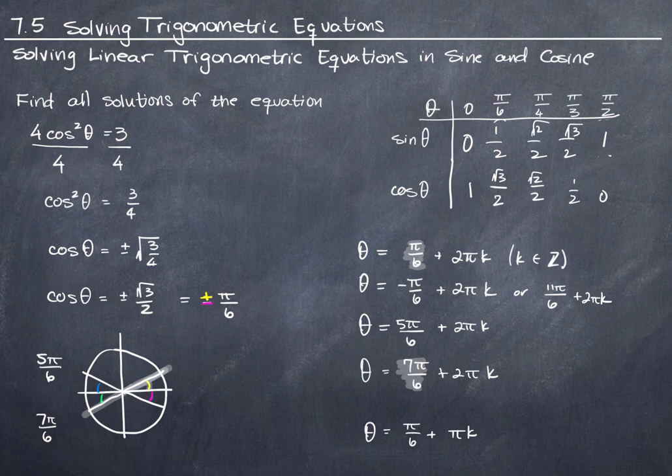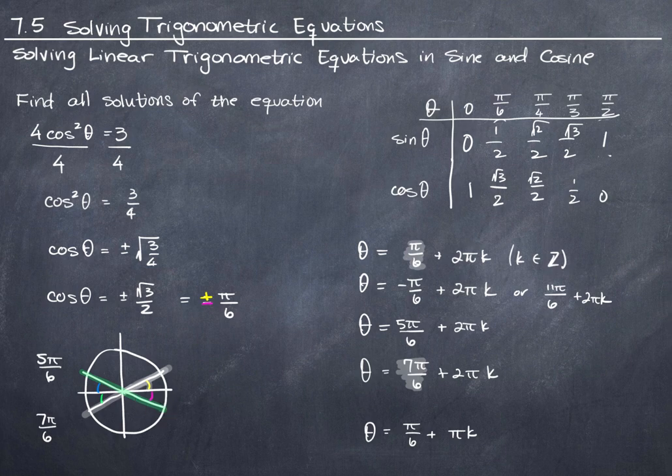Now to capture the other ones, I can make the same observation. This angle right here is a rotation back from pi radians, right? If this is a rod and you rotate it back pi over 6 radians, you're going to get the rod in this position here, okay? Back pi over 6.